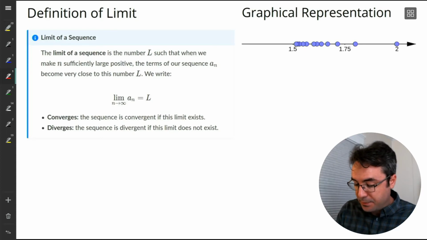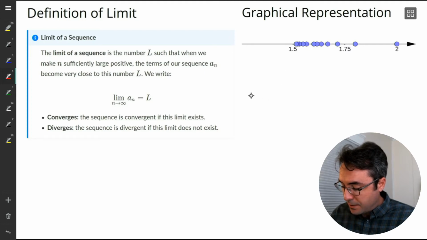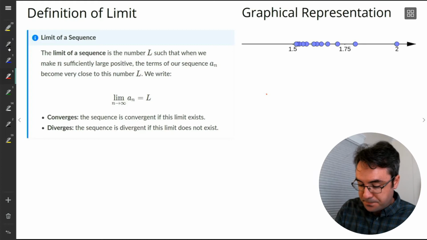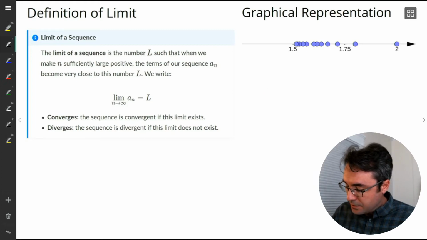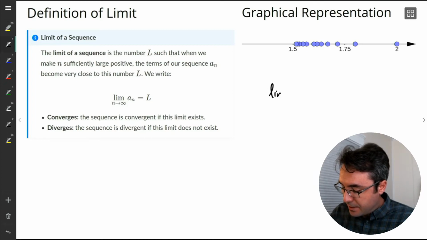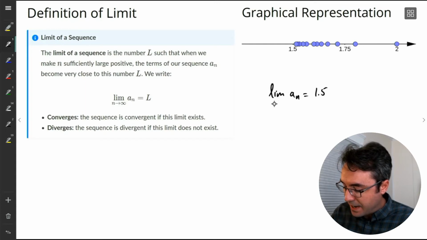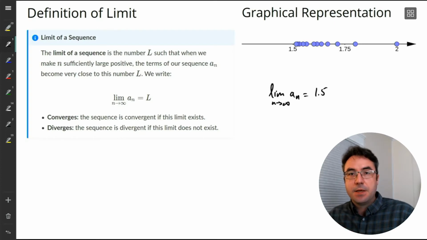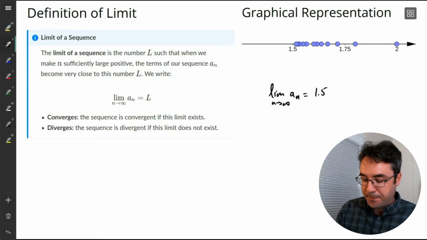And in this example, we have the limit of some sequence a_n, and it's equal to 1.5 as n goes to infinity. So what do we notice if we look at this number line?